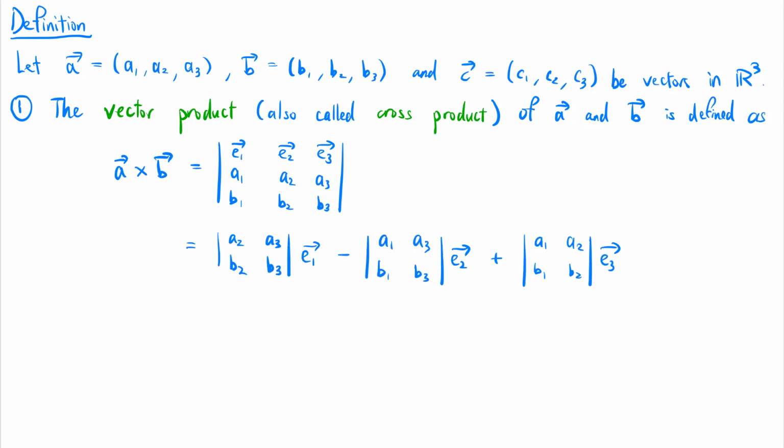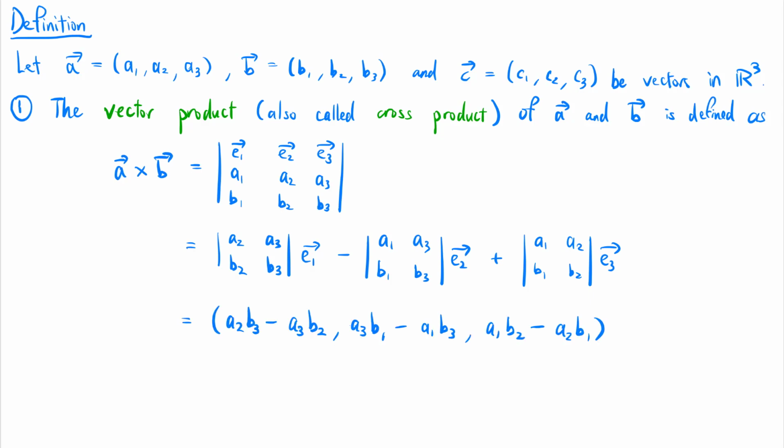We can expand the determinant along the first row to give the determinant of (A2, A3; B2, B3) times E1 minus the determinant of (A1, A3; B1, B3) times E2 plus the determinant of (A1, A2; B1, B2) times E3.